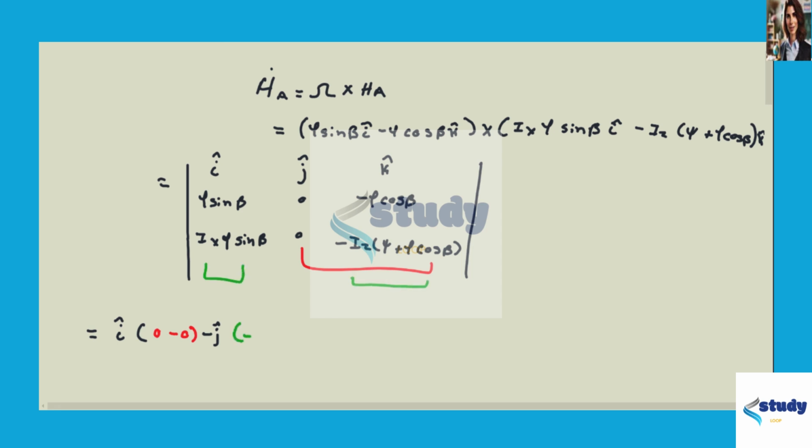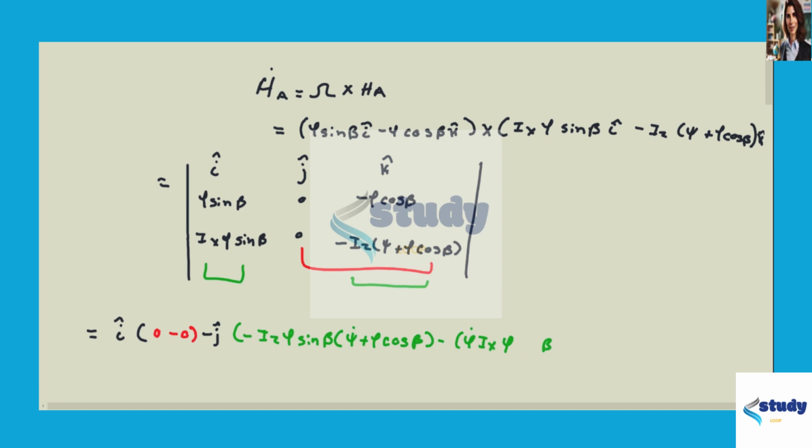So from this, we have negative I_z φ' sin β φ' plus φ' cos β minus φ' I_x φ' sin β.